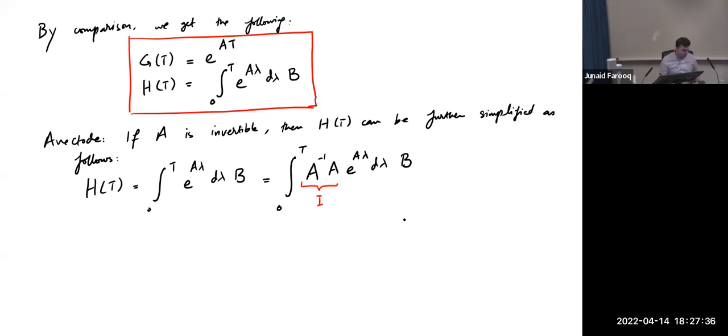But what we're going to do is bring A inverse outside. Inside you will have the integral from 0 to T of A e to the power A lambda d lambda, and then B.